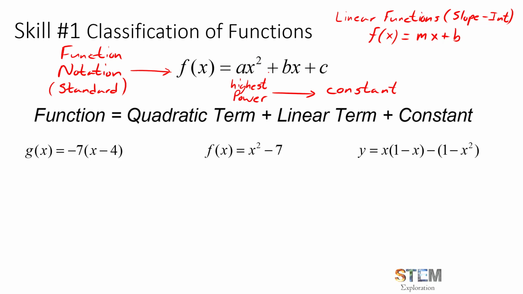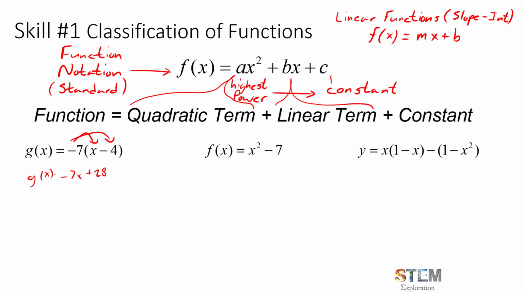And so now what we'll notice here is that you have the constant term here, you have the linear term here, and then you have the new quadratic term, which is this a term here. And so we can look at an example like g of x. We can distribute this -7 if we rearrange it in standard function notation and go -7x plus 28 for this given function.